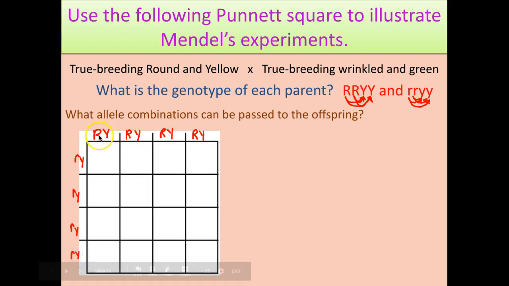And then we combine these. So big R first, always in front, and then little r, big Y, little y. Again, this is going to be the same for all 16, so I'm just going to go ahead and put this on there for you to look at.